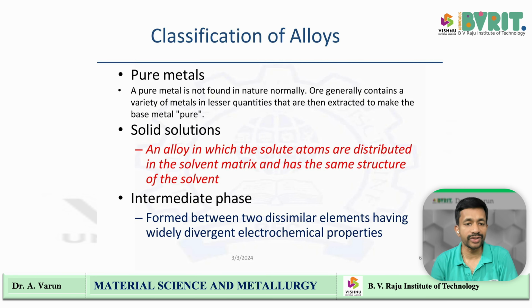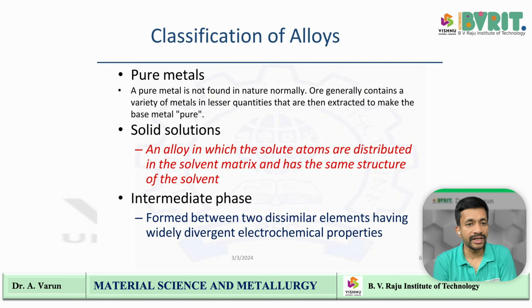That is called a solid solution. Apart from pure metals and solid solutions, you may also have intermediate phases, which are formed between two dissimilar elements having widely divergent electrochemical properties. They are called intermediate phases. We'll be discussing all these things.